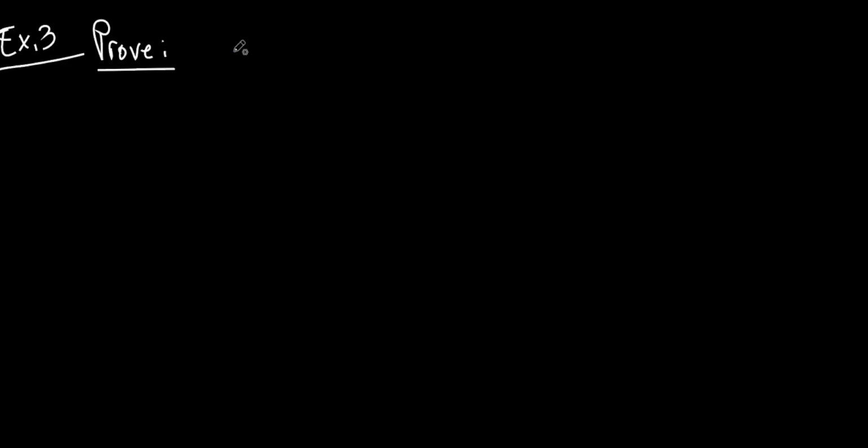So we want to prove that the sine of x times the secant of x is equal to the tangent of x. If you remember yesterday, we take the side that looks the most complicated, simplify it, and try to make it look like the other side. Doesn't matter if it's the left side or right side.